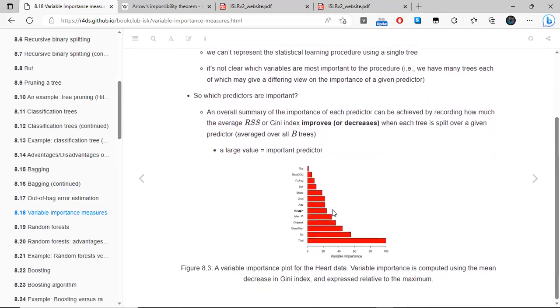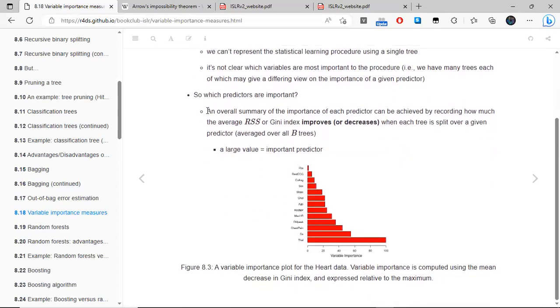In that sense, over here they mention how you can do that, and it's by averaging the change of the value that you were minimizing. In the case of regression trees, we were minimizing the RSS, and for the classification trees, we were minimizing the Gini index.